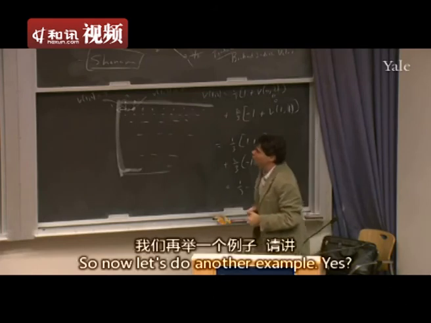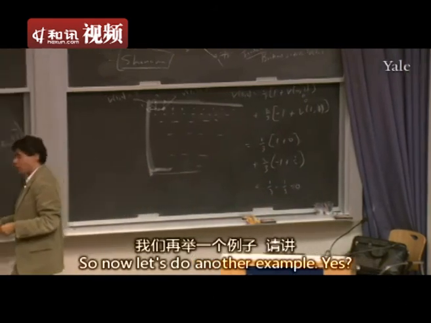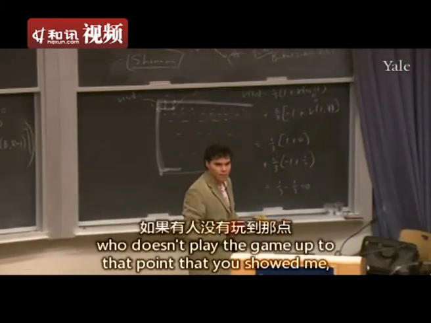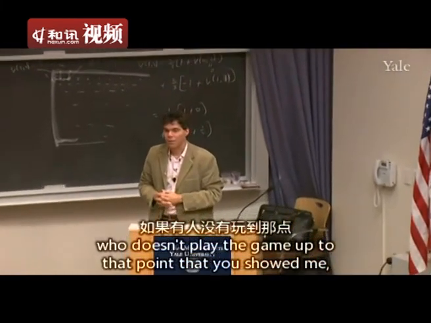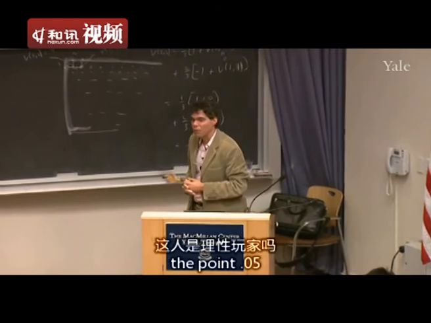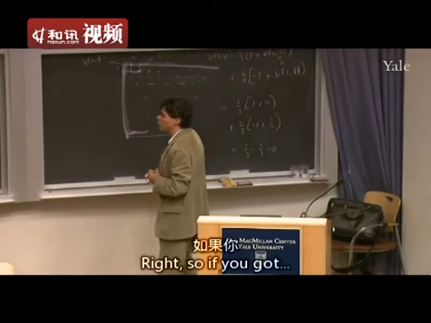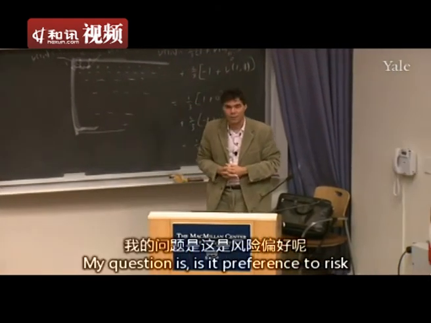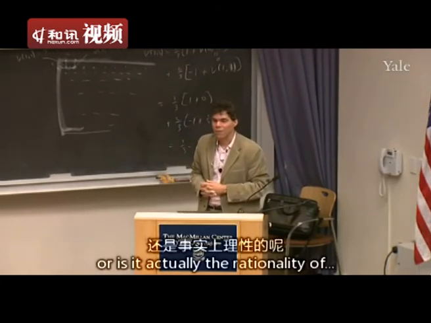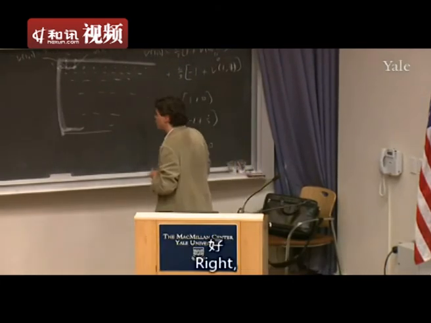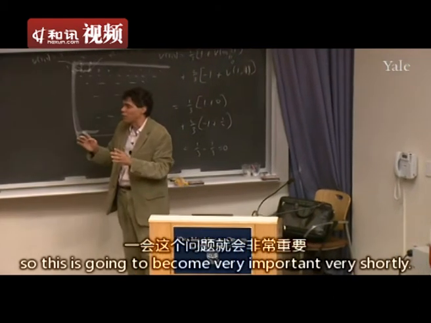Okay, so now let's do another example. Yes? Would you call someone irrational who doesn't continue to play the game up to that point that you showed with the .05 expected payout? Right. My question is, is it preference to risk, or is it actually rationality? Right. So this is going to become very important very shortly.